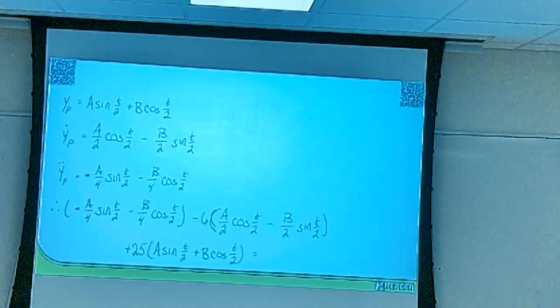And that whole thing has to equal two sine of t over 2 minus cosine of t over 2.